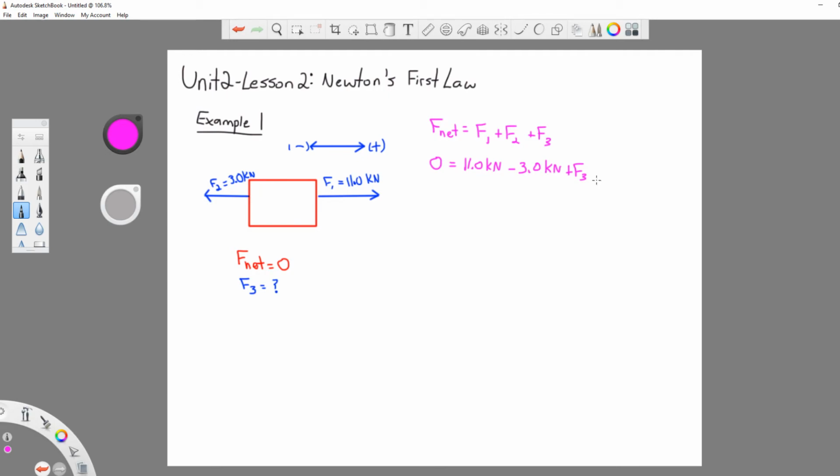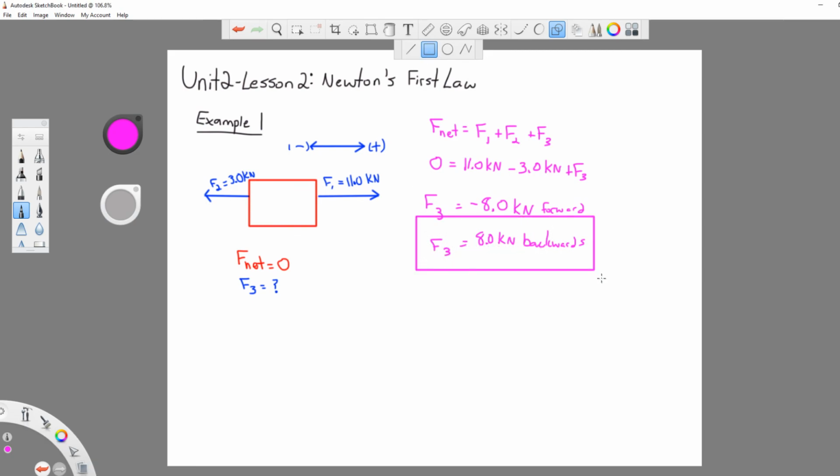If we punch that into our calculator, I get F3 is equal to negative 8.0 kilonewtons. That's negative 8.0 kilonewtons forward, or we can rewrite that as 8.0 kilonewtons backwards. There we go, F3. We can call that F air if we wanted to, but I don't think that's totally necessary. There you go, put a box around our final answer, and we're done.